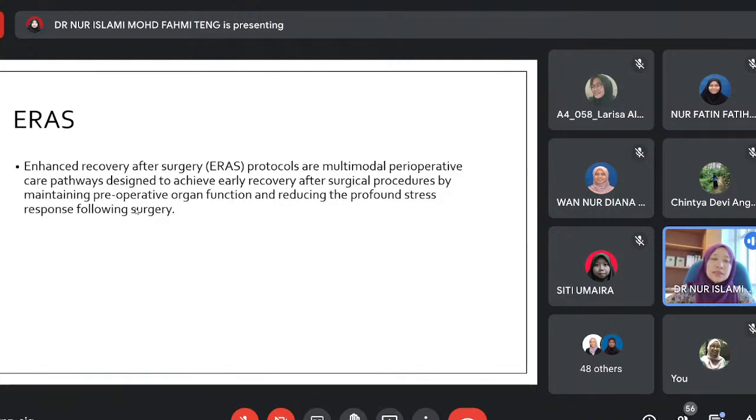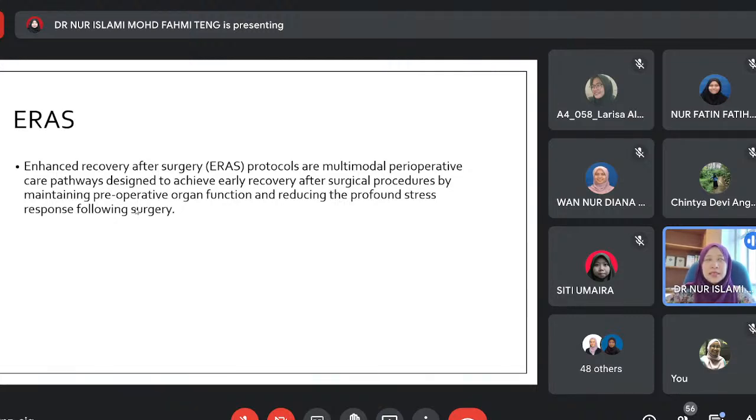So this is actually a society that has published a consensus statement and guidelines. This is actually a powerful tool that has been implemented across hospital and healthcare system worldwide. The purpose is to improve the quality of surgical care.